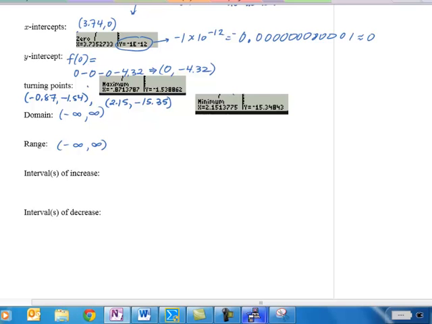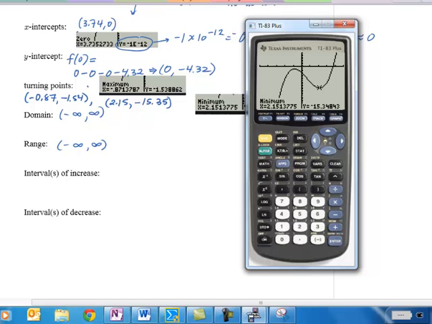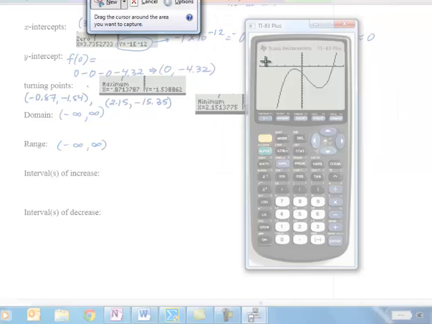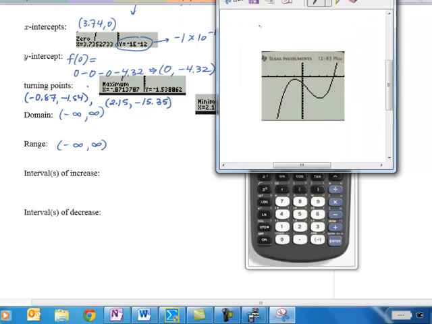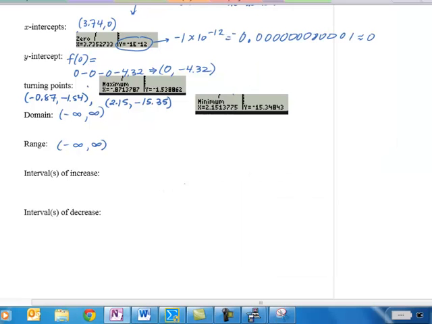I'm going to copy that graph so that I can write on it. Because now we want to look at the intervals of increase and decrease, which depend on those turning points.